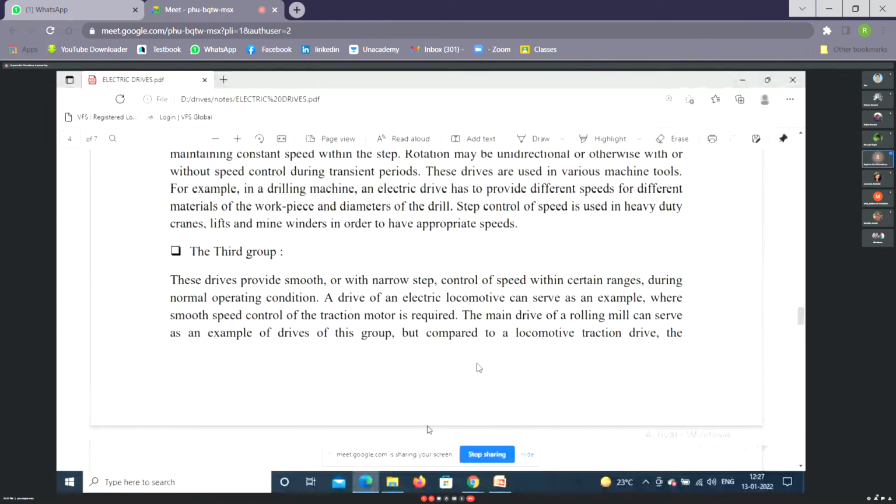Then the third group: these drives provide smooth or narrow step control of speed within certain ranges during normal operating condition.